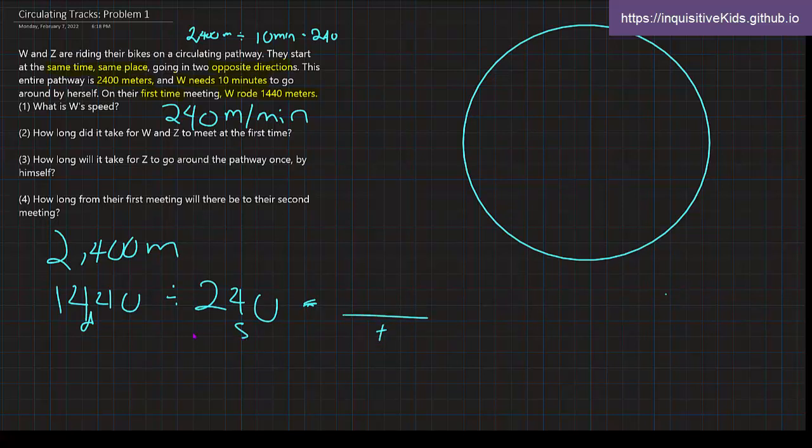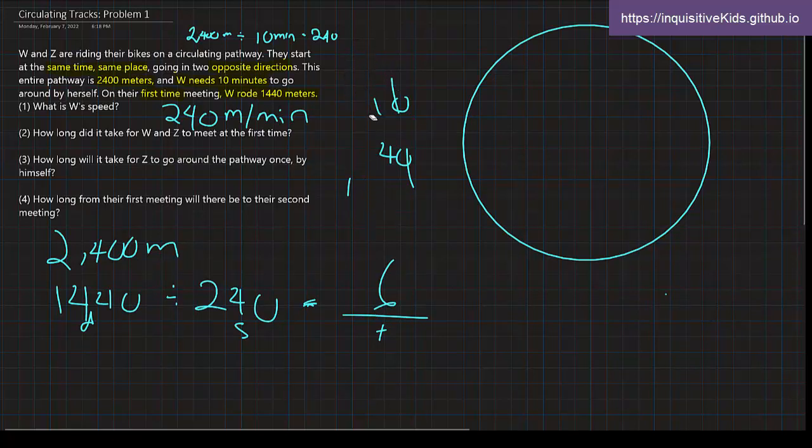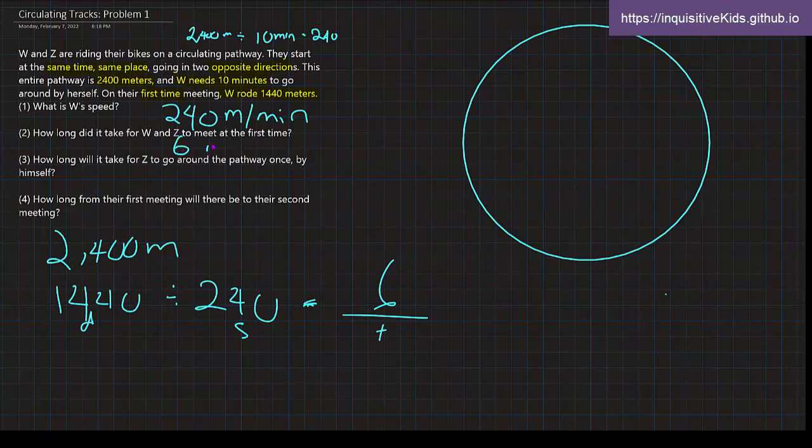This is some simple division. If it's hard for you, I recommend stacking in fraction form. They're all even numbers, 72, and this becomes 12, and eventually you figure out it's 6. So 1,440 divided by 240 is equal to 6. How long did it take for them to meet for the first time? The answer is 6 minutes.